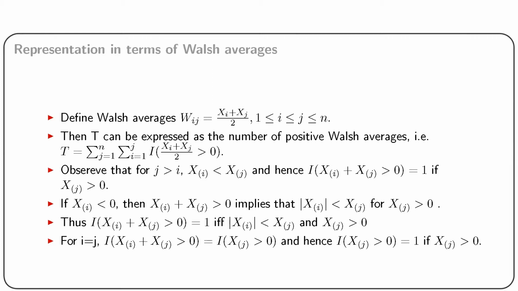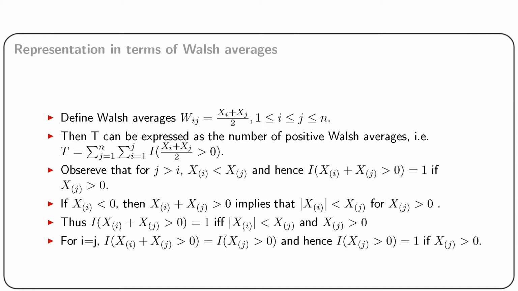Now, if x ordered i is less than 0, then x ordered i plus x ordered j is positive, which implies modulus of x ordered i is less than x ordered j, provided x ordered j is positive. Thus, indicator x ordered i plus x ordered j greater than 0 equals 1 if and only if modulus of x ordered i is less than x ordered j and x ordered j is greater than 0.